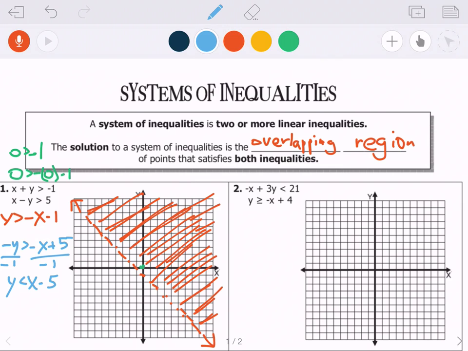The other one, I'm going to graph in blue. So -5. And here I have a positive 1 slope. Again, I'm going to have a dashed line here.